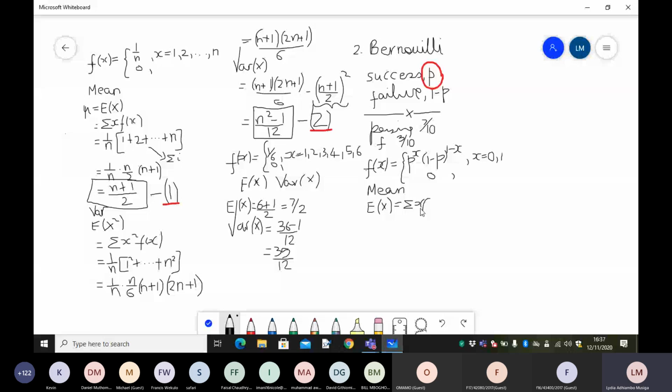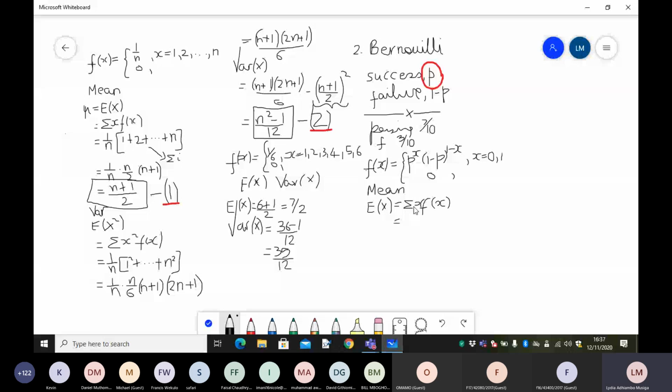And now you can see x takes 2 values, and f of x will depend on the value of x. So we are summing over x is 0 and 1.